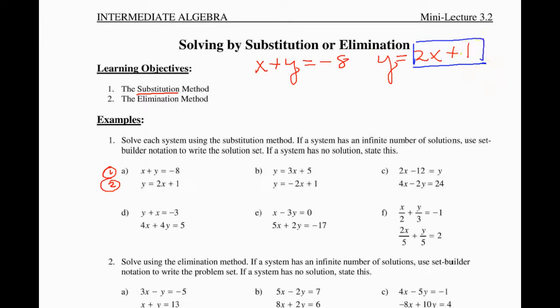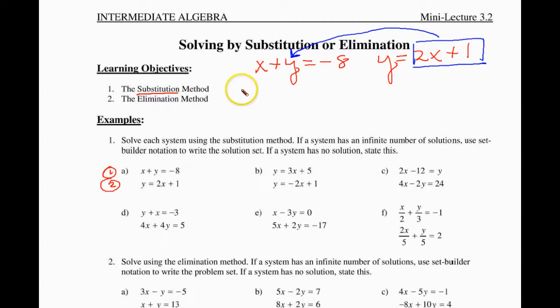So what we're going to do is write our value of y, which is 2x plus 1, in the other equation, and let this value replace the letter y. We're going to have this substitute for y, because that's what y is.